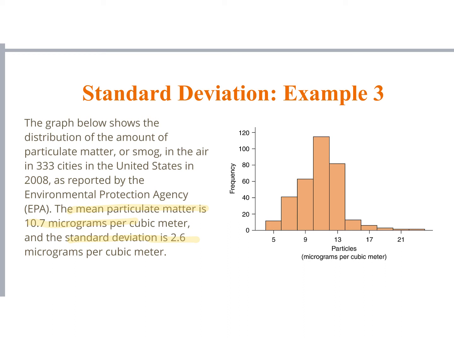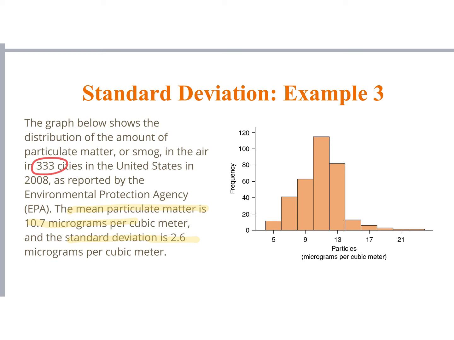So just as a refresher, remember when talking about sample and population, right? This histogram shows the results of a sample of 333 cities, which should be representing the whole population, all the cities in the United States.